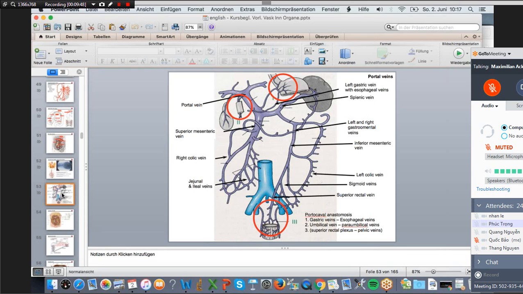You see this is the connection between the iliac veins, and you have portocaval anastomosis from the gastric veins to the esophageal veins, responsible for the varices, then the umbilical vein with the para-umbilical vein, which is here with the falciform ligament, and the third one is with the rectal plexus, so with the pelvic veins. You see, it could happen that you also have backflow, and then you develop some dilated blood vessels there.